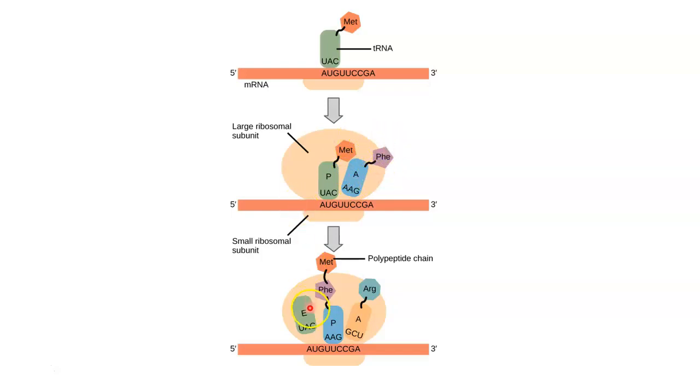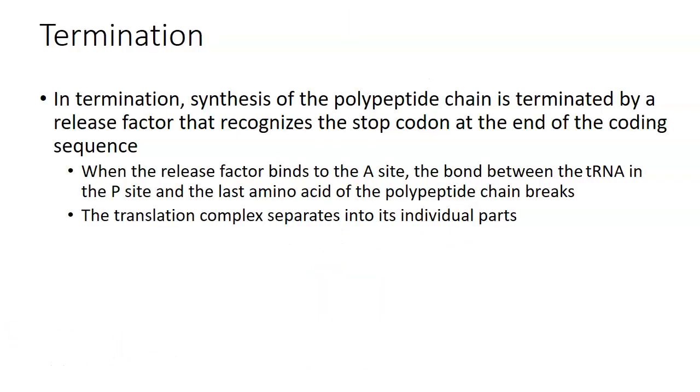Everybody moves down. This one leaves. This one, which was just here, now has the growing chain, and a new one comes in. And that'll continue and continue and continue until termination. And so in termination, what's going to happen is that polypeptide chain that's been growing is going to be released.